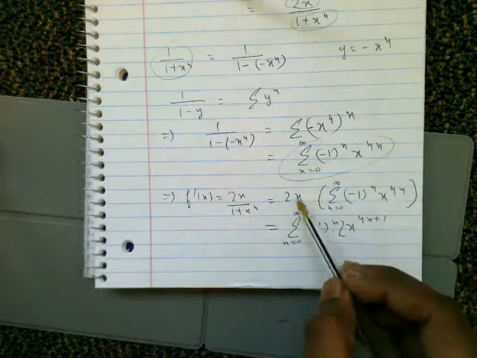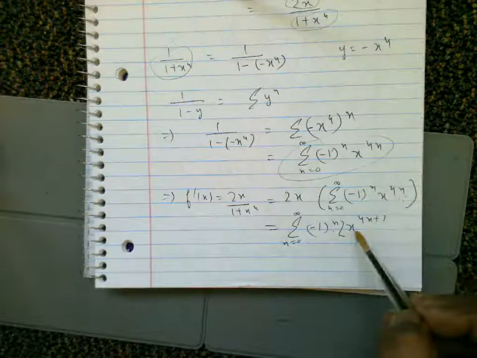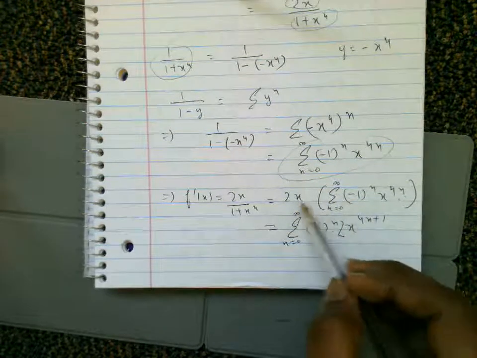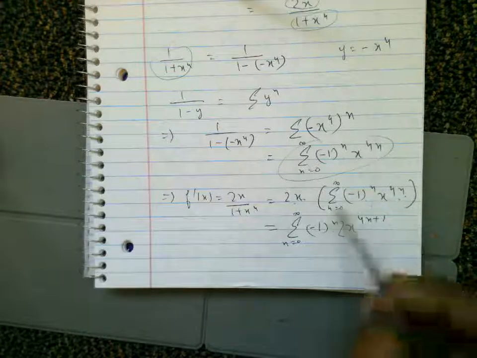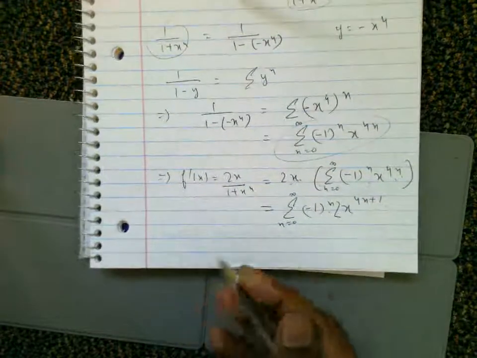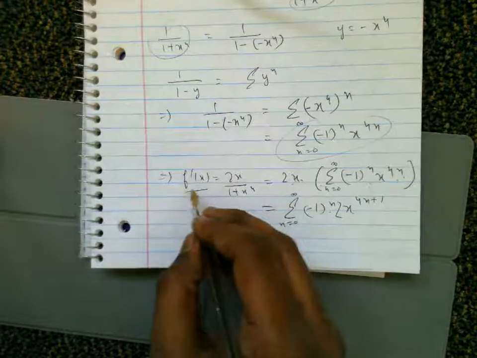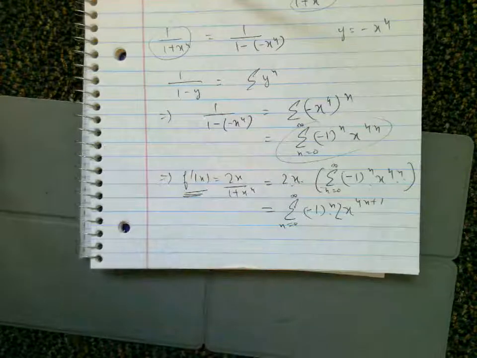Alright, that is because x times x to the power 4n is x to the power 4n plus 1. You just distribute this x over this sum. But this is the power series expansion of f prime of x.